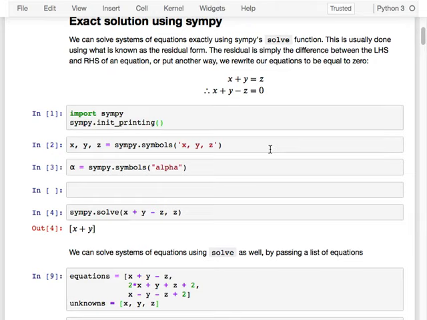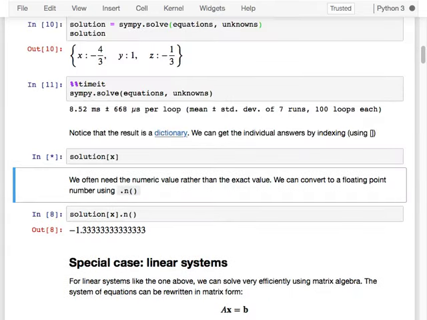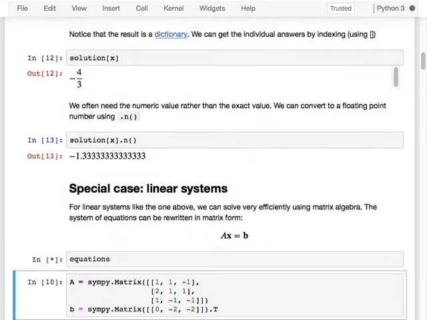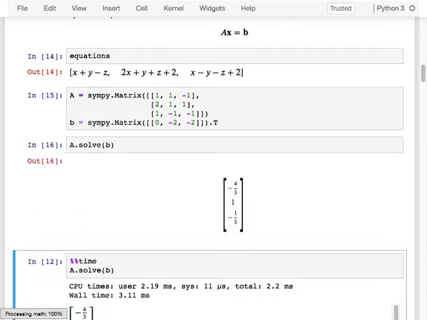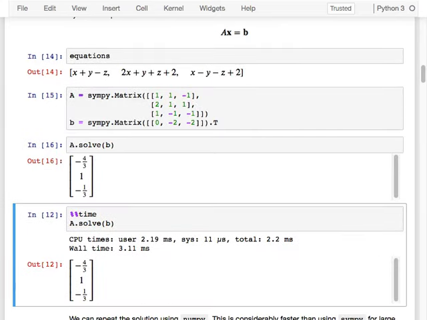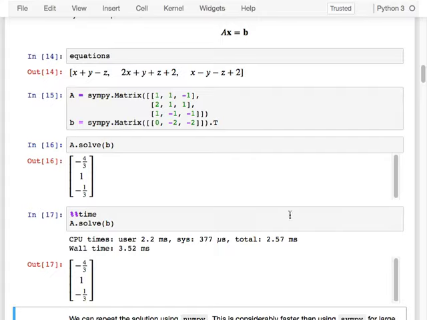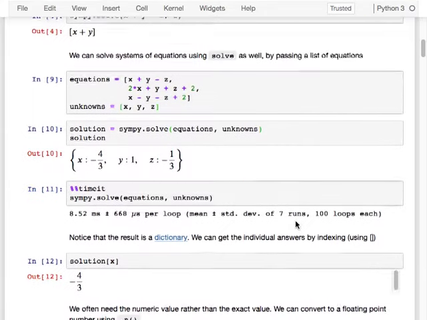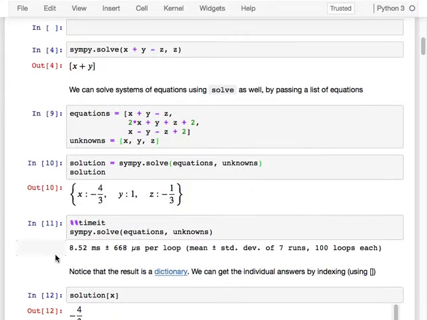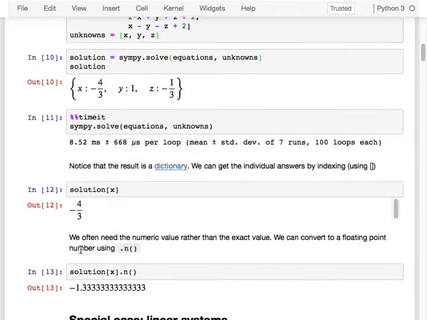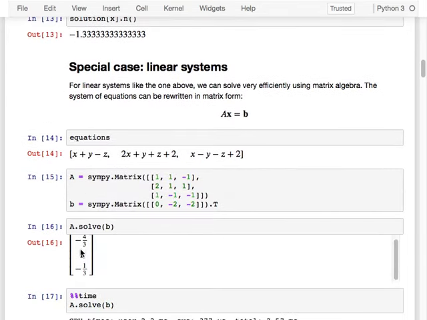So fast, in fact, that when we solve this as a linear system instead of as a general equation, you'll see that the solution time is about 10 times faster, like an order of magnitude faster, to solve that linear set of equations.